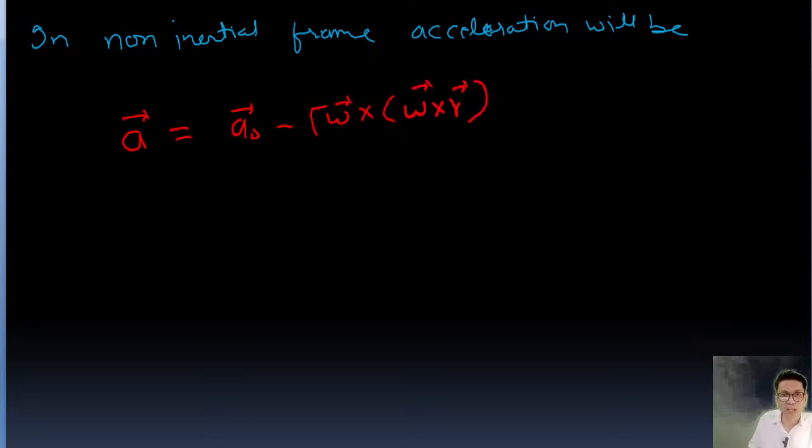So this is the formula. In the non-inertial frame, the acceleration is a equal to a naught minus omega cross omega cross r. This is the formula, guys.